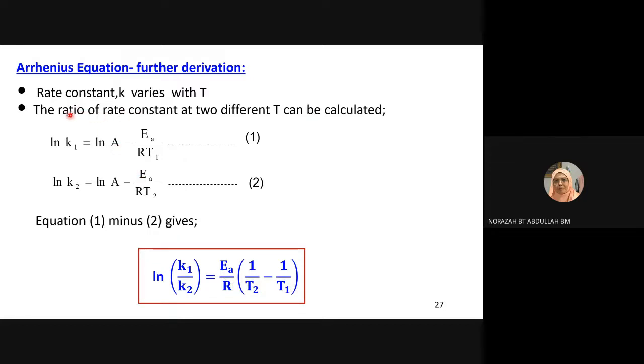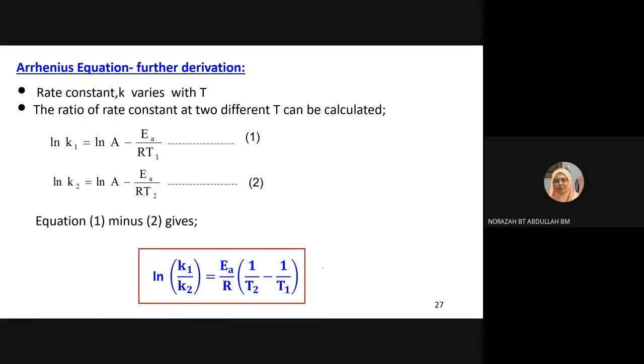So didapati rate constant ni dia adalah varies with temperature berdasarkan arrhenius equation. So sekiranya kita ada two rate constant at different temperature, jadi kita nak buat macam mana? Kita boleh persamaan ni kita relatekan antara satu sama lain dan kita akan dapat equation ni.